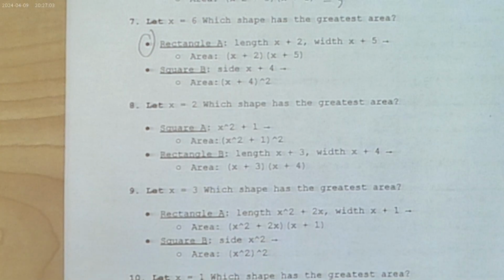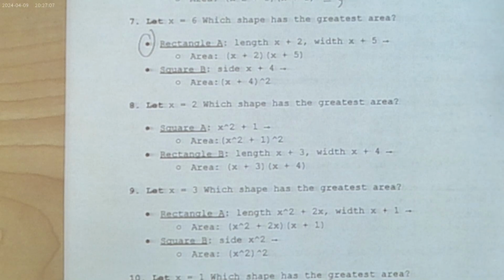Rectangle A, square B. With x equals 6, I'm going to go with the rectangle this time. I'm going to see what I can come up with.